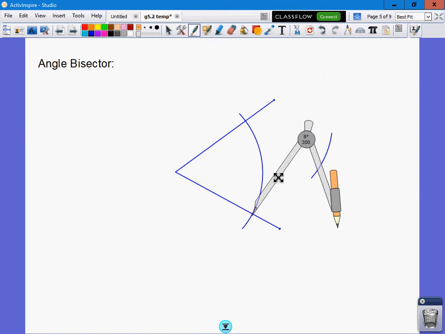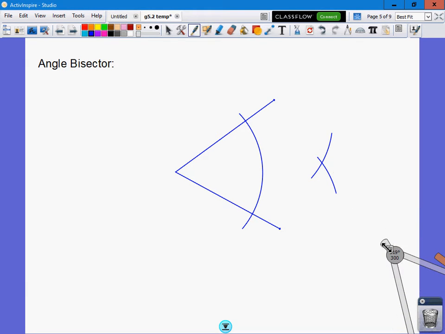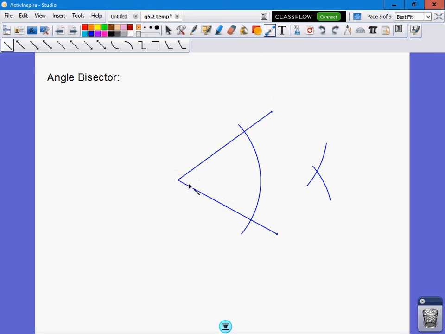And we did the same thing on the other side. And then we simply connected the vertex of the angle through that point of intersection.